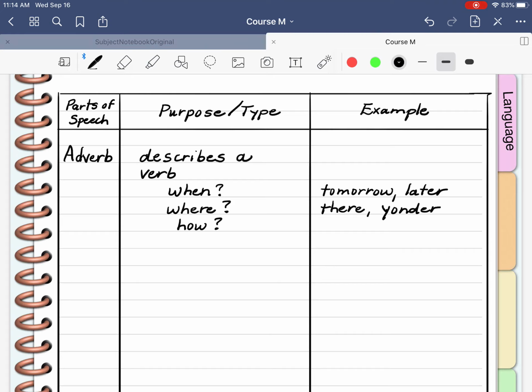Over yonder. That's one that I remembered. It's a funny word, and that's why I could remember that it's an adverb. That helped me remember place. Where. How. Quickly. Slowly. Fast.